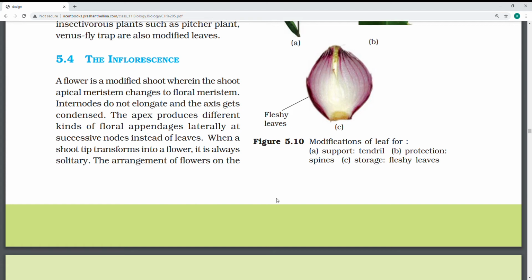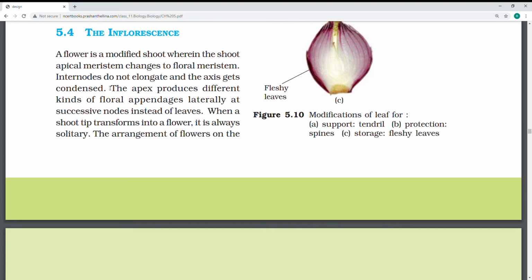So, what is inflorescence? Generally, the mode of arrangement of flowers on the stem is called inflorescence. Actually, the flower is a modified shoot wherein the shoot apical meristem changes to flower.